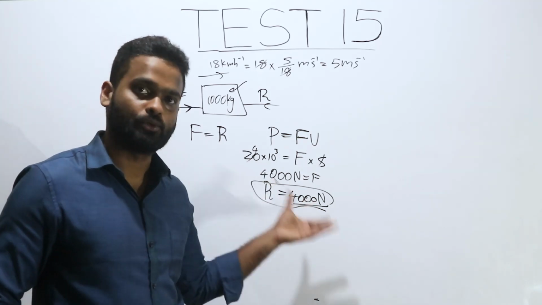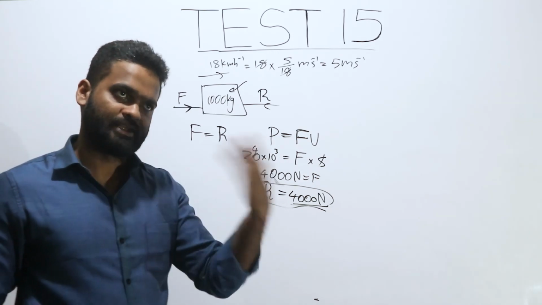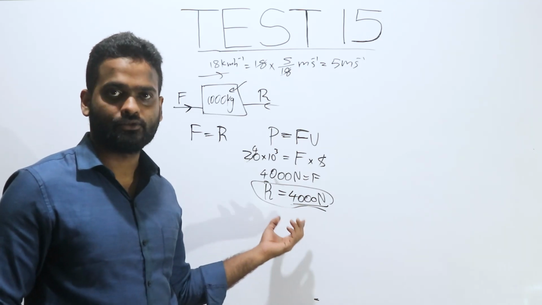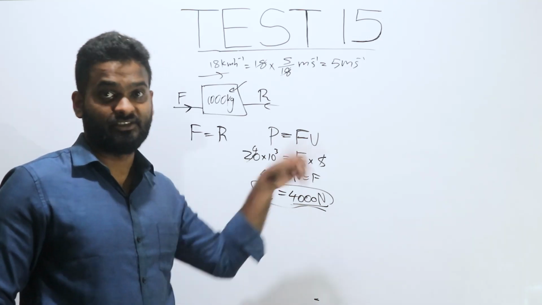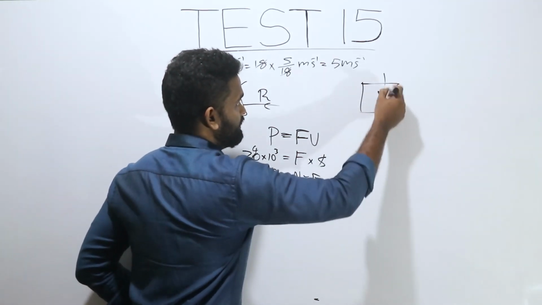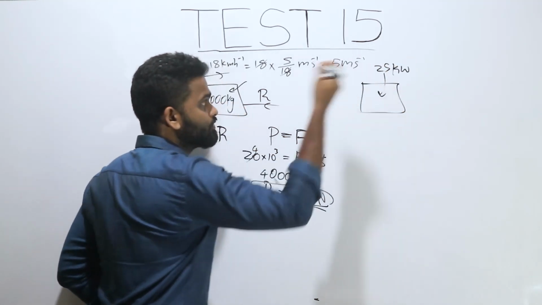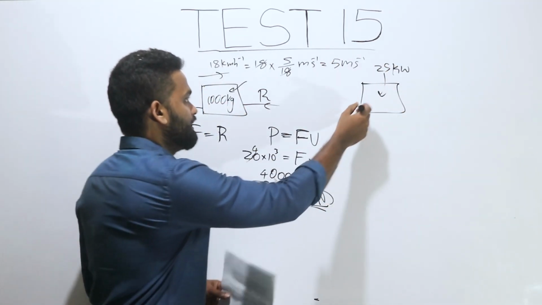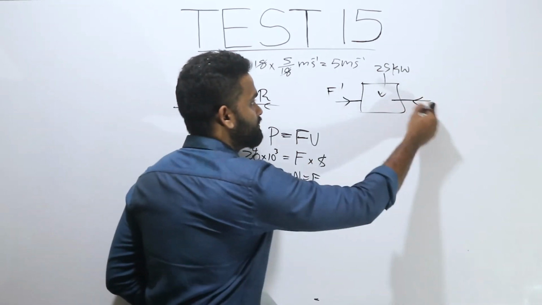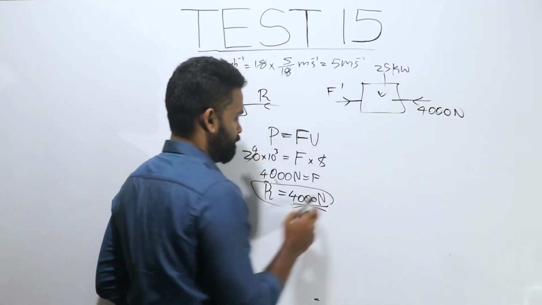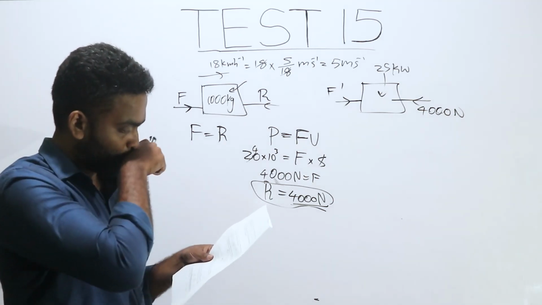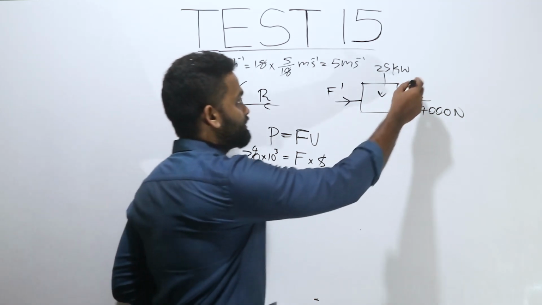So now we found the resistive force acting on the car, that is 4000 Newton. They say when the speed increases, in the second case, the resistive force does not change. So the resistive force remains 4000, but the driving force increases. Then they increase the power of the engine to 25 kilowatts. Let's say the driving force now is F dash, but the resistive force remains as 4000 Newton. What they ask is the acceleration in this case.